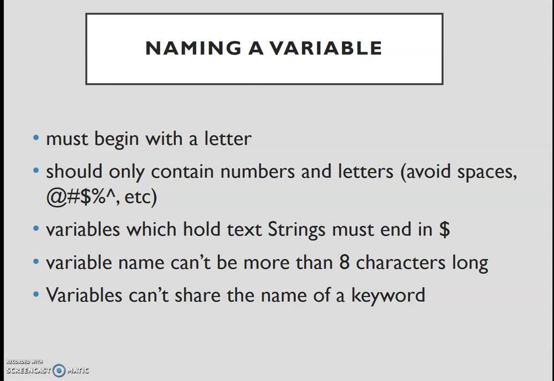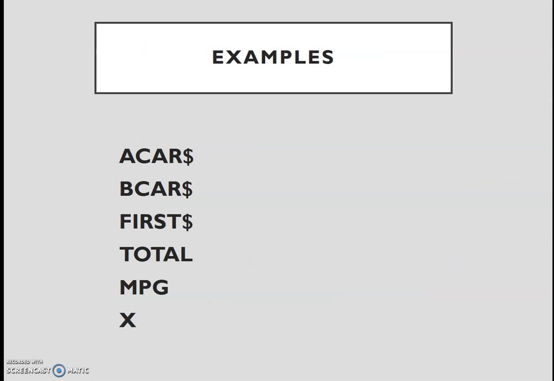It doesn't have to be 8 characters, but it can't be more than 8 characters. It can be 1 character long up to 8 characters long. And it can't be the same name as a keyword. And we mentioned back in Chapter 1 that keywords were reserved words of the language. So when I create my variables, I can't use keywords.